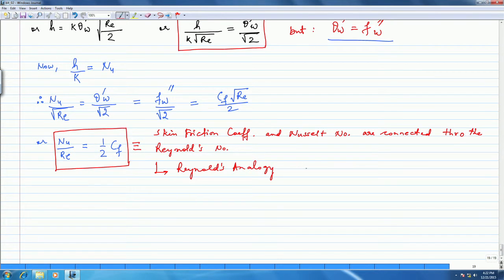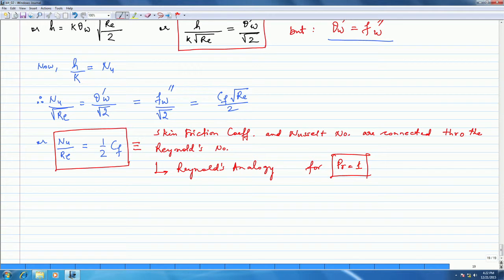This is basically for Prandtl number 1. So this is when we were comparing equations 4 and 11. That is how we came up with it.